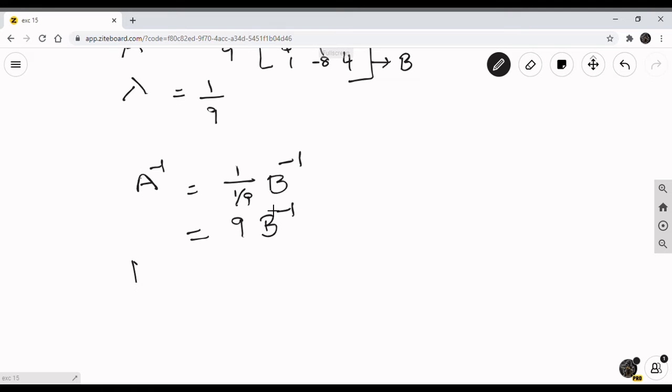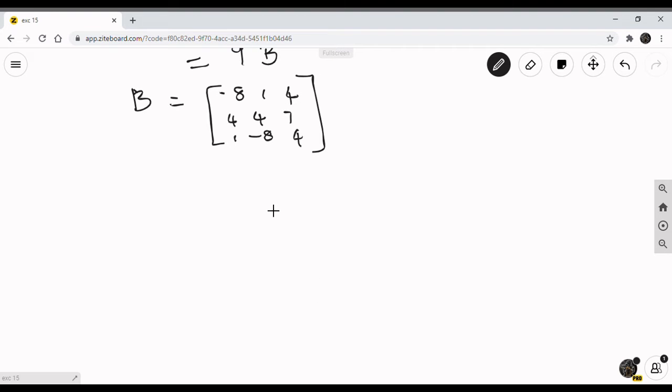Now see that B is equal to this. We know the formula for B inverse. So first we have to find the determinant value of B, to make sure it is a non-singular matrix, as well as we need the value.